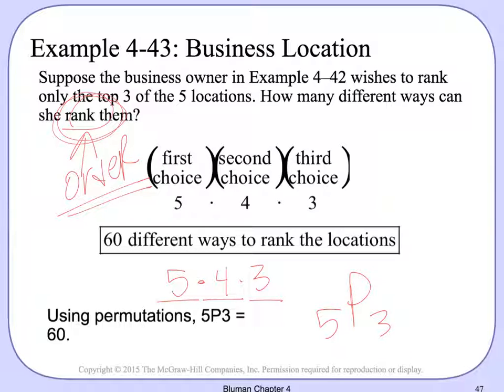If order matters, use the P button. Here's a quick way to remember that. O and P are right next to each other in the alphabet. So when the order matters, use the P button. If the order doesn't matter, use the C button. O and P are right next to each other in the alphabet. If order matters, you use the P, permutation.